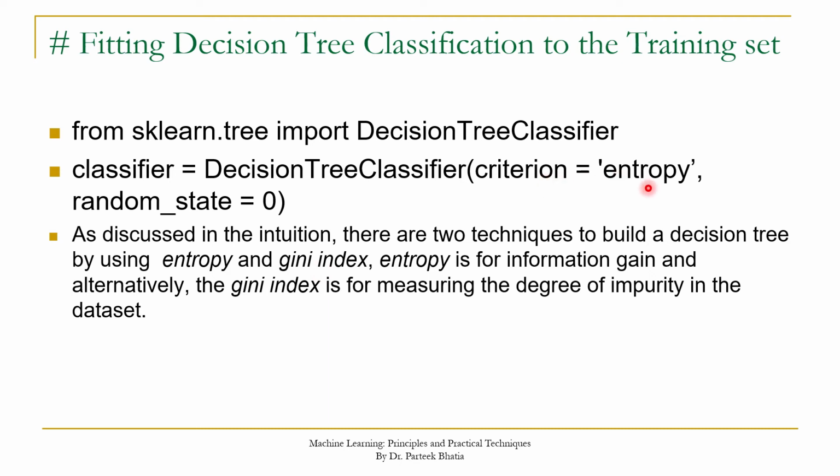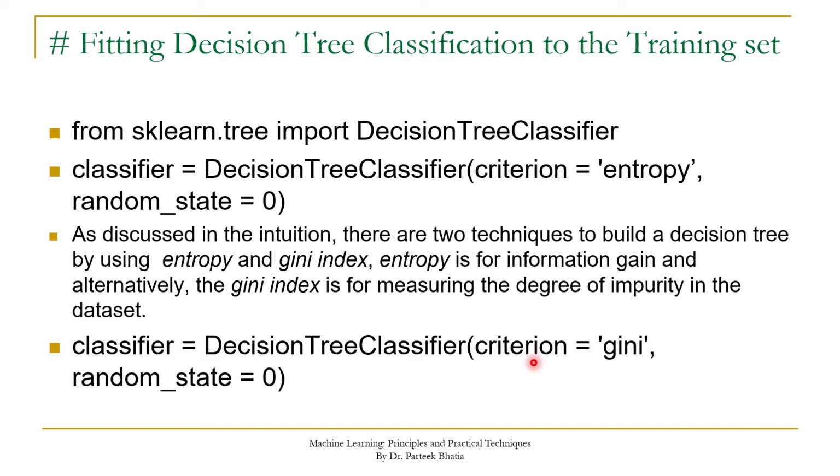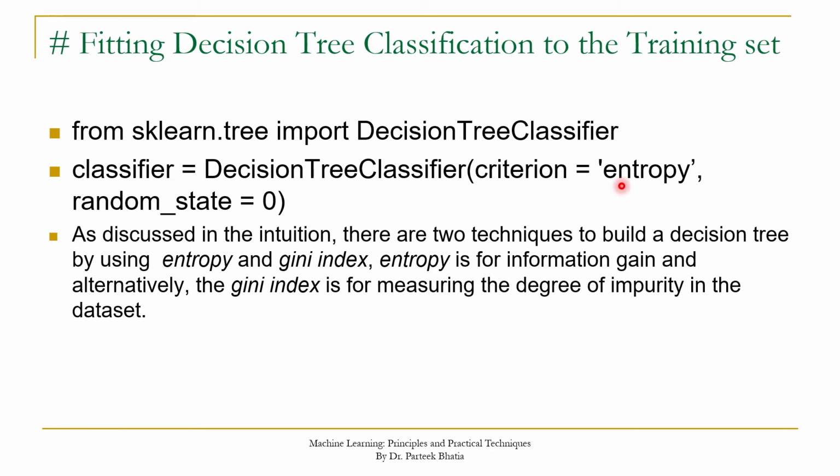If we specify entropy here, it means that we are building the decision tree on the basis of entropy or information gain. But if you specify criterion as Gini, then decision tree will be built on the concept of Gini index. So you can specify entropy or Gini as criterion for this class.